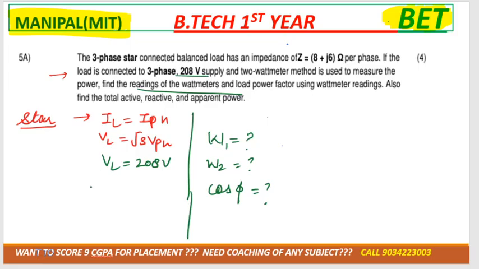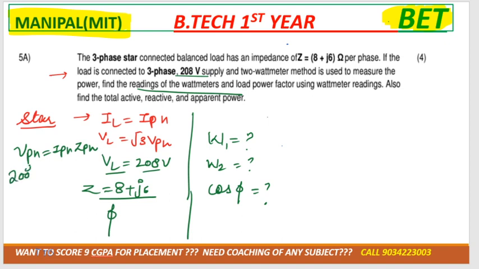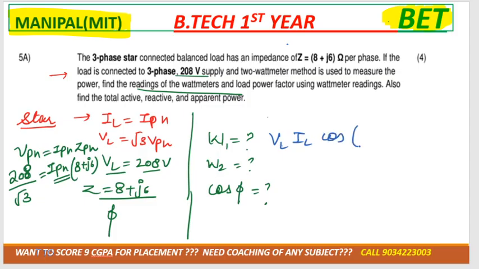Z is given as 8 plus J6. So from here we can get phi, right? And as you know, the formula is VPH is equal to IPH into ZPH. VPH is how much? 208 by √3, right? IPH will remain IPH only. ZPH is 8 plus J6. We can get IPH from here. Then we'll apply VL IL cos of 30 minus phi and 30 plus phi, and we can get W1 and W2.